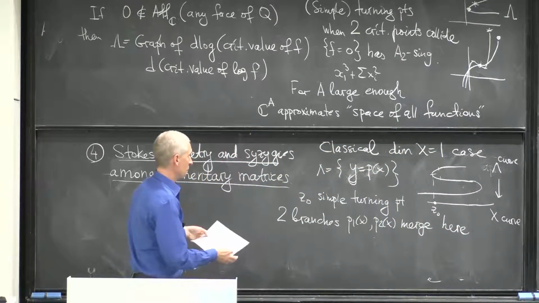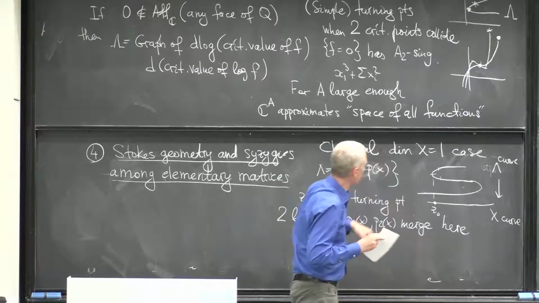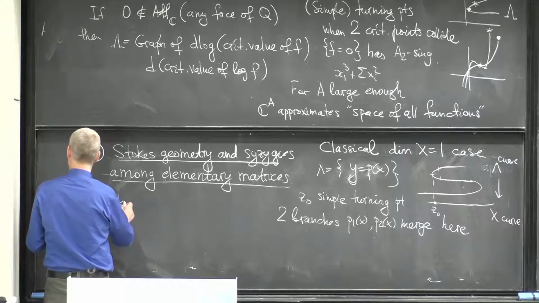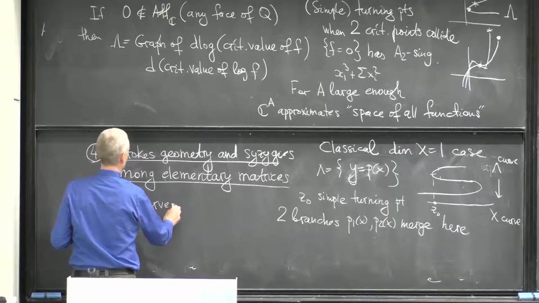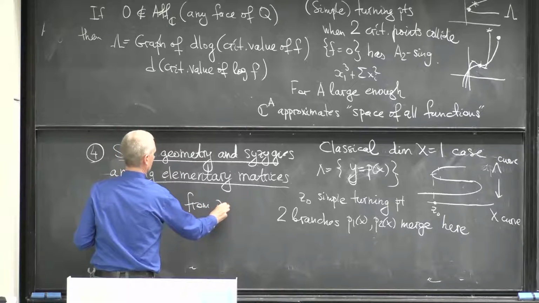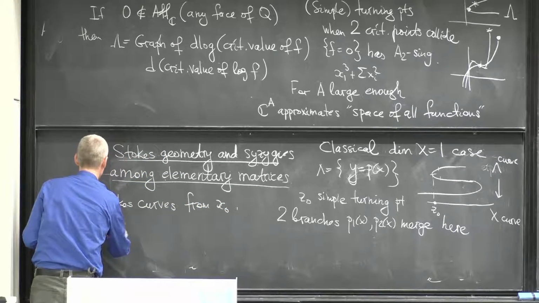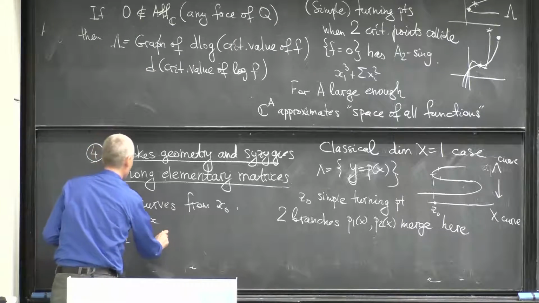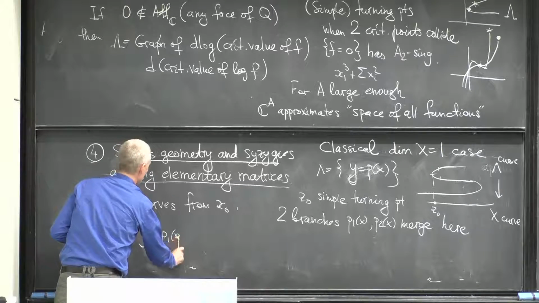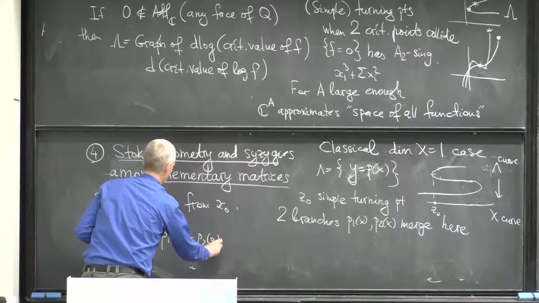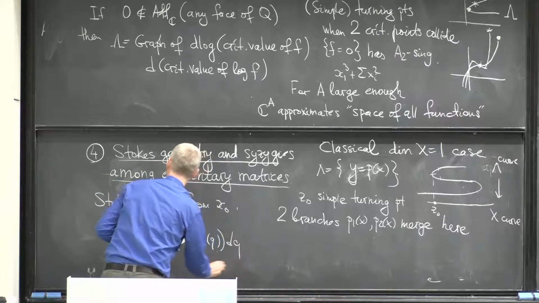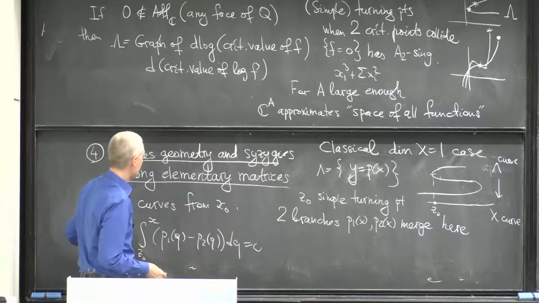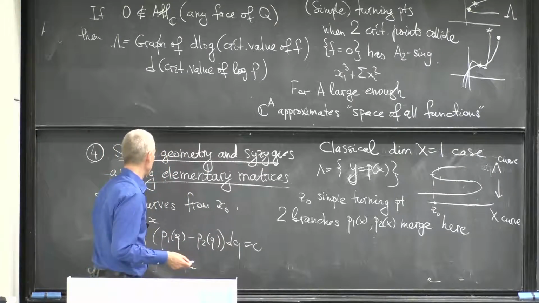So then in this case, the Stokes curves emanating from this point are given by the condition that the imaginary part of the integral of the difference of two branches, p1 of q minus p2 of q, from z0 to x equals 0.